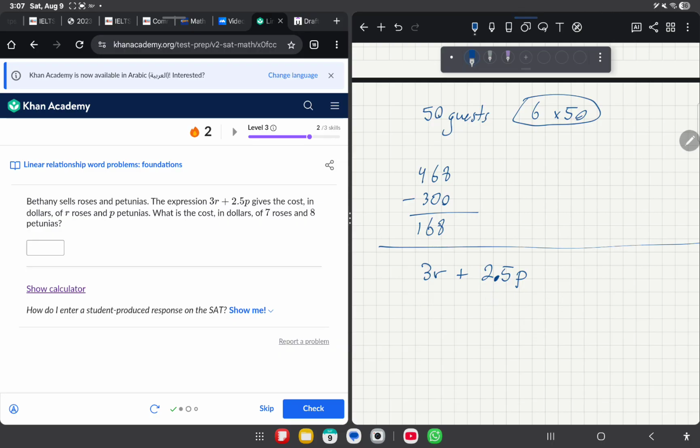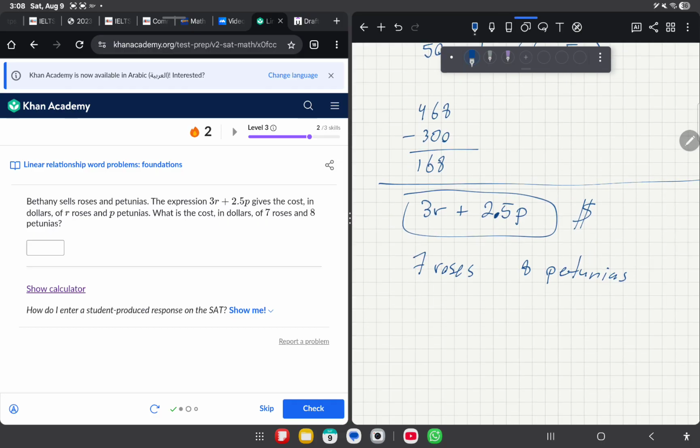They already told us that it gives the cost in dollars. So when I add them together, they're going to give me dollars. R represents roses, P represents petunias. What is the cost in dollars of 7 roses and 8 petunias?